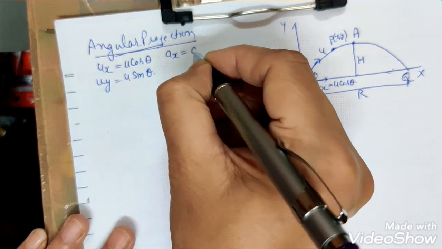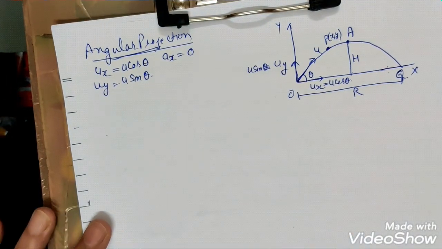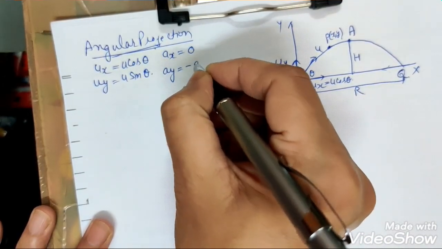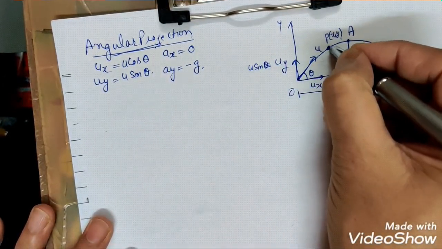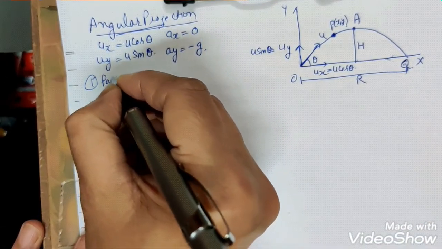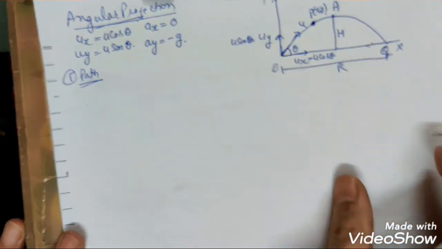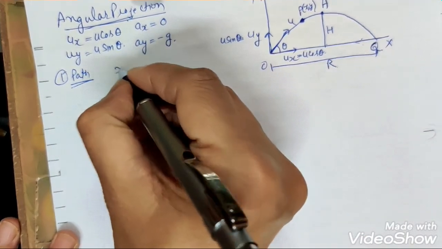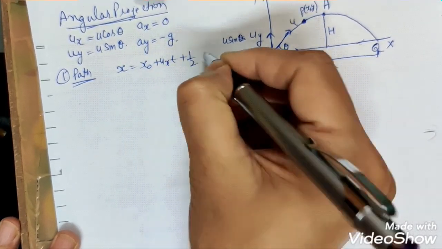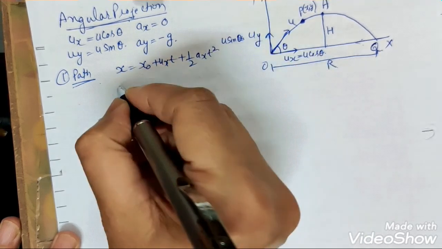But a_x is 0 because it remains constant throughout the motion, and a_y is minus g because here the motion is against gravity.